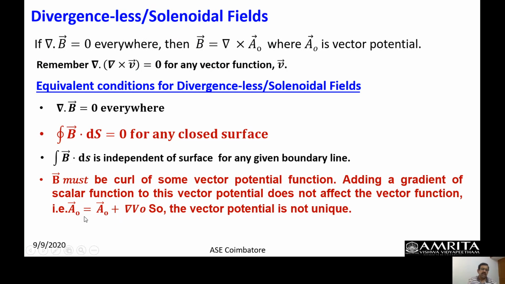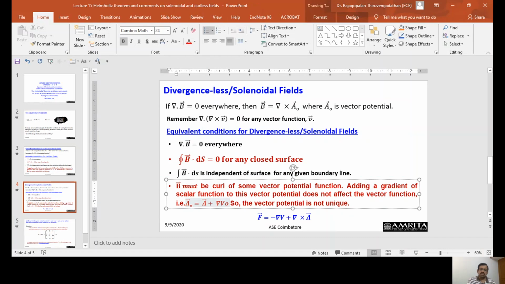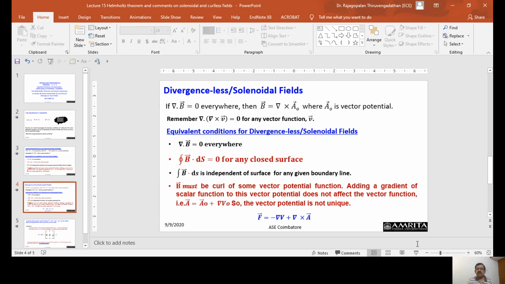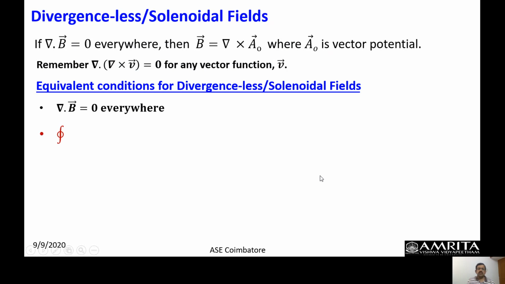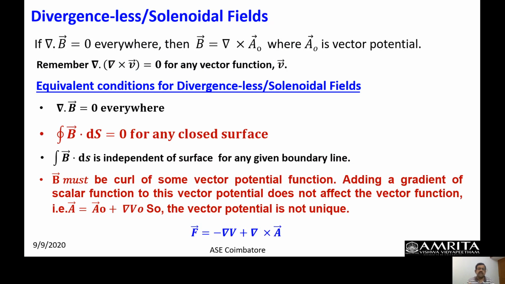For simplicity, if I have A equal to A naught plus del V naught, then I have altered the vector potential without disturbing the divergence of the given vector function B. If I add a gradient of a scalar function, which is a vector function, and my new vector potential is A, I can write the new vector potential A without altering del dot B equal to 0 everywhere.